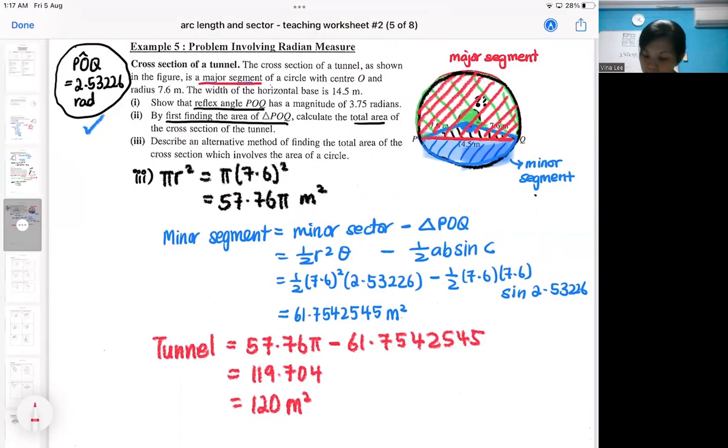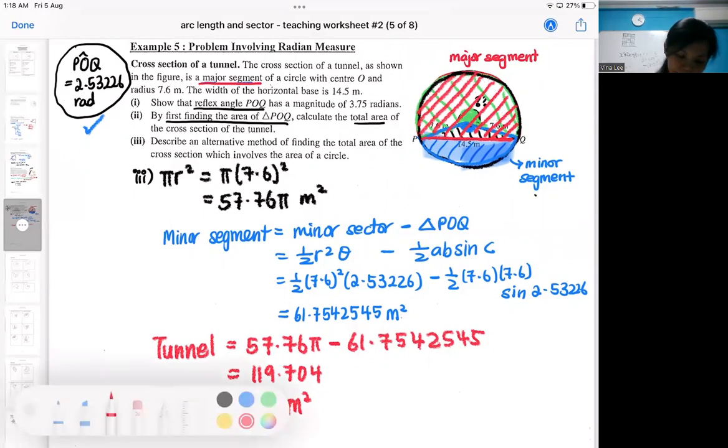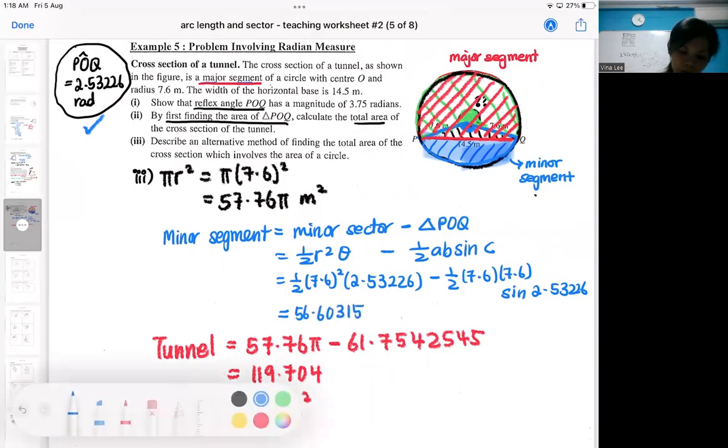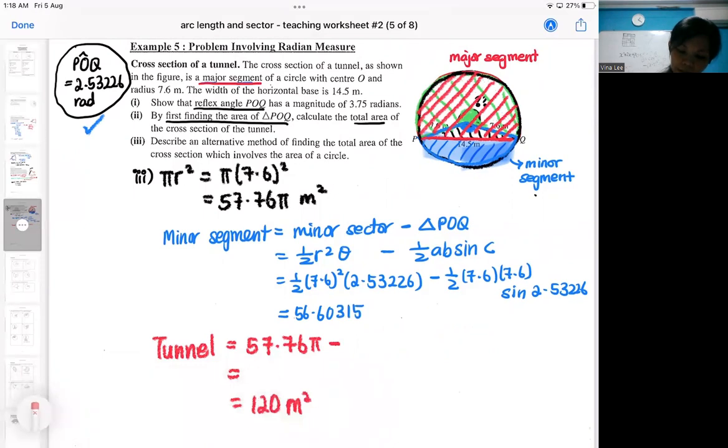So let me check my minor segment, the blue part. So I try pressing calculator one more time. And I double check that I'm in radian mode. Yeah, I think I pressed wrongly. So this part, I think it should be 56. So I should minus away 56.